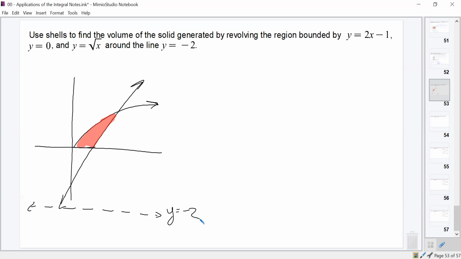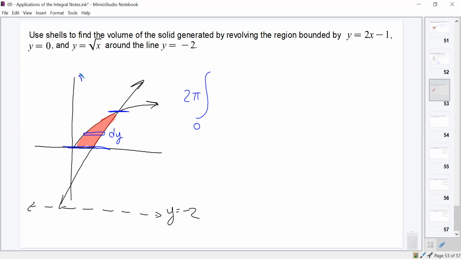And so we're going to first sketch a rectangle that is parallel to the axis we're revolving around. We'll note that it is infinitely thin in the y direction. So this will become 2 pi times an integral from the lower bound, 0, of our region to the upper bound up here.